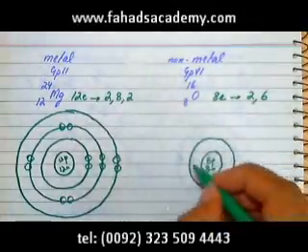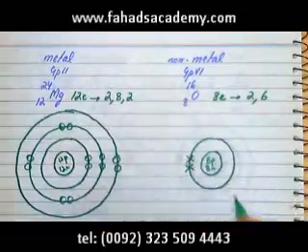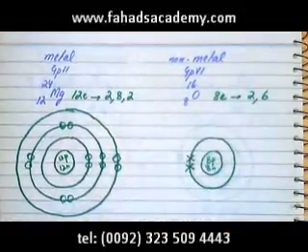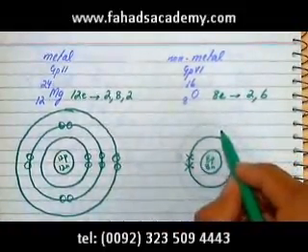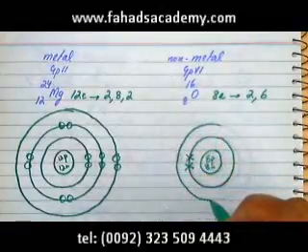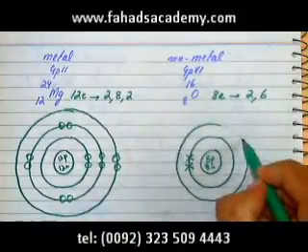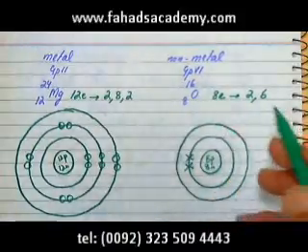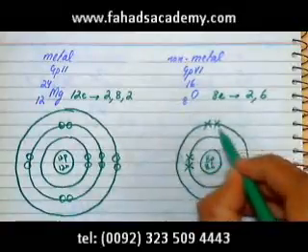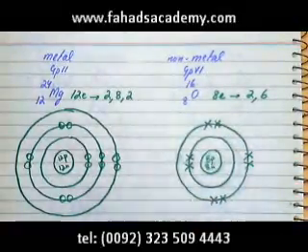The first shell has 2 electrons, so we're going to draw 2 crosses. The electrons of oxygen are going to be represented by crosses. The second shell is going to accommodate 6 electrons. So there are a total of 8 electrons in oxygen.